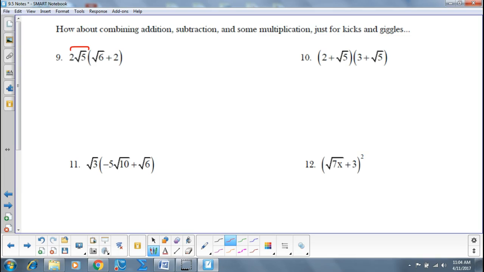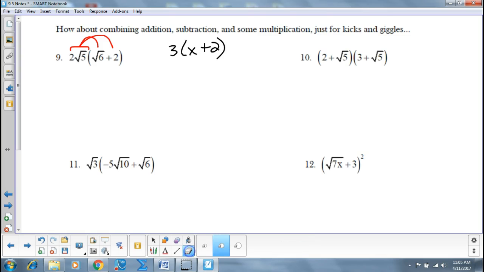And I'm going to distribute that into both spots, or all of the spots, inside the parentheses. No different than if this were 3 times the quantity x plus 2. You distribute the 3 in. Now we're just distributing the 2 square roots of 5 in.